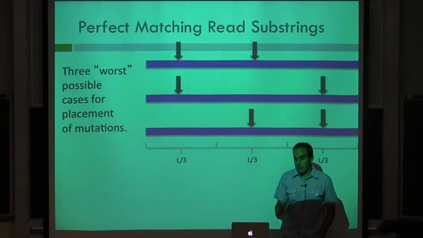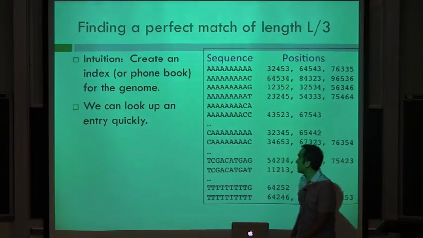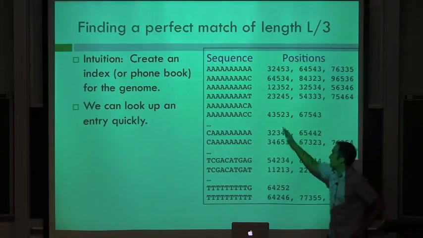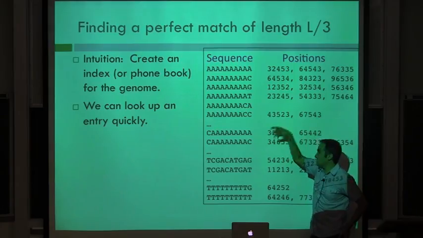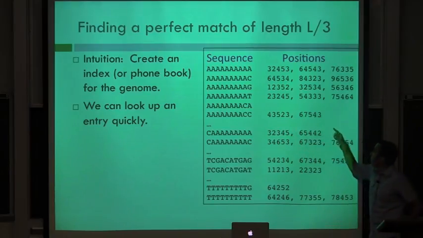So what I can do is make an index for the genome, which is all my sequences in this case of length 10, because that's 1/3 of my read, and I can just record all the positions in the genome that match those.